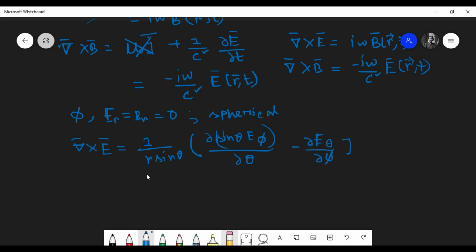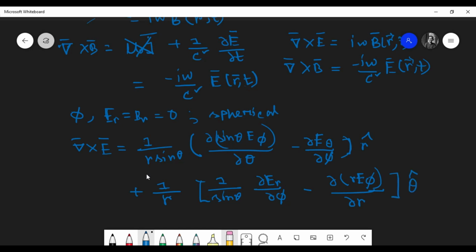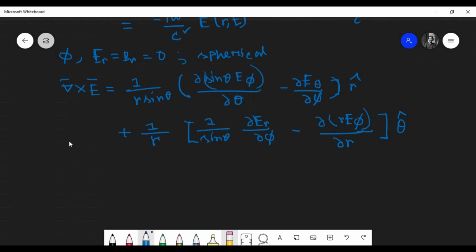This is the radial component, and the theta component is this. This is phi actually. Let me rewrite it. And the phi component, let me write it, is this.